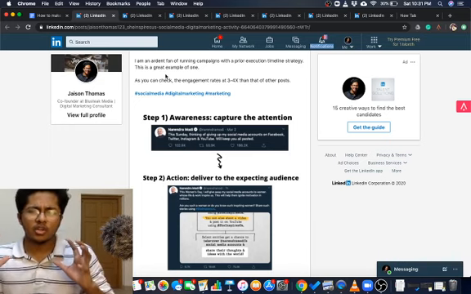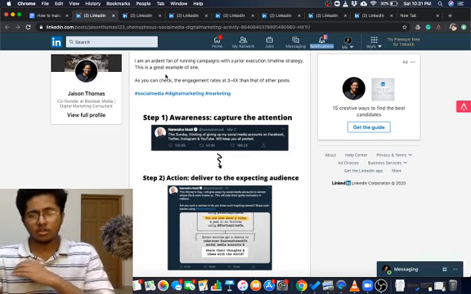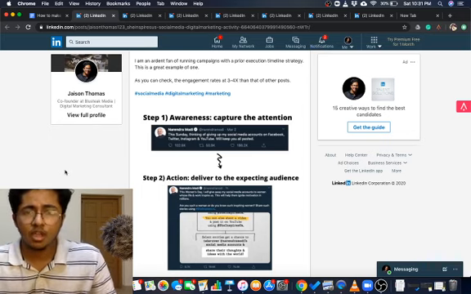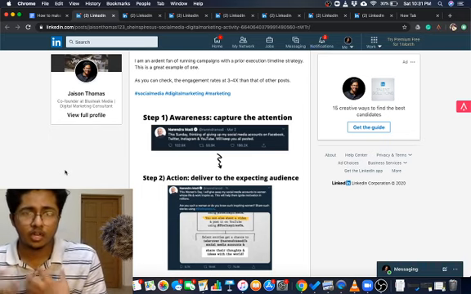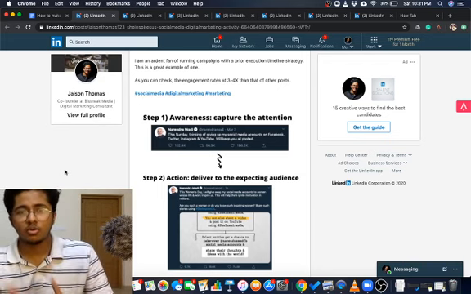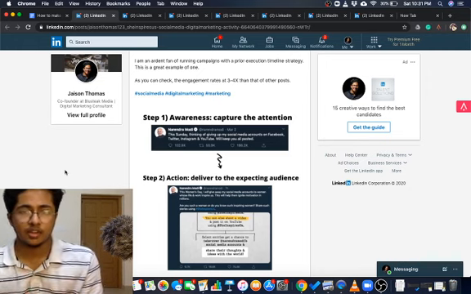So that really got attention, and you can see his engagement ratio was like 5x or 10x compared to other posts. So it was a step by step action. That was something interesting that I noted in my industry. So I just wanted to bring out how Narendra Modi's team did a really good job of getting attention through social media.